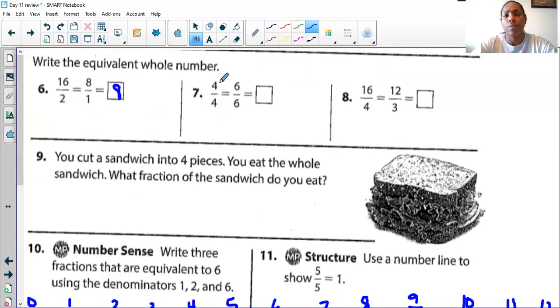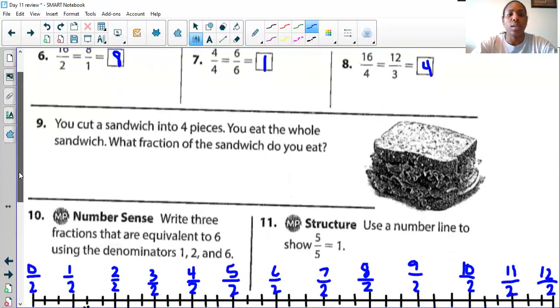Number 7, 4 over 4 equals 6 over 6, which equals 1 whole. Then we've got 16 over 4. It's been simplified to 12 over 3, which is equal. So 16 divided by 4 and 12 divided by 3. They both are divided by that same number, which equals 4.